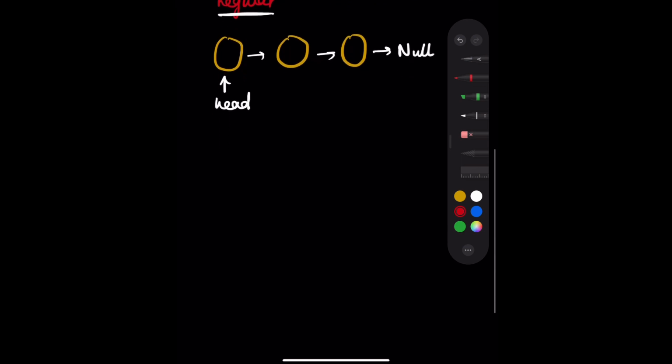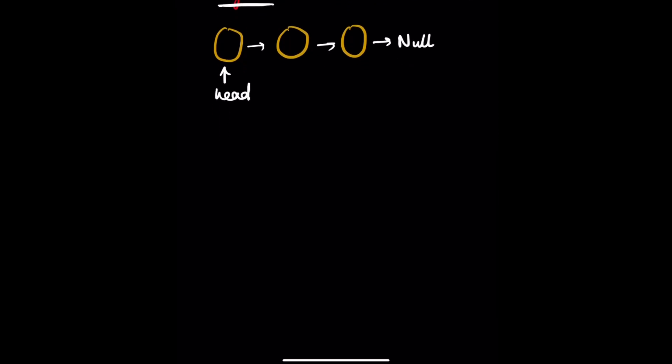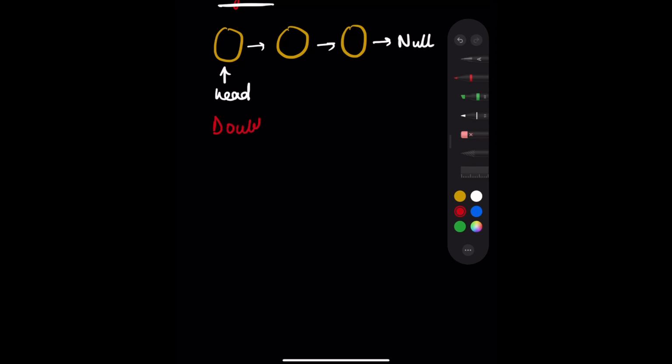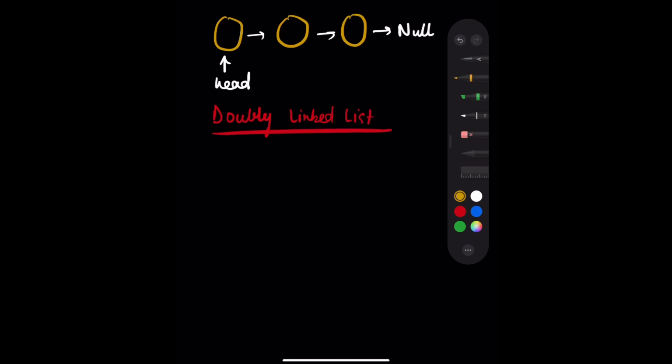Now moving on to the next variant, which is the doubly linked list. In a doubly linked list, every node stores two references. One reference is to the next node, and it also stores a reference to the previous node in the linked list. So this is how a doubly linked list looks like.